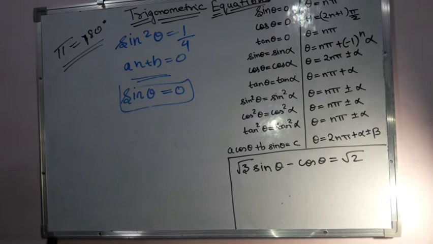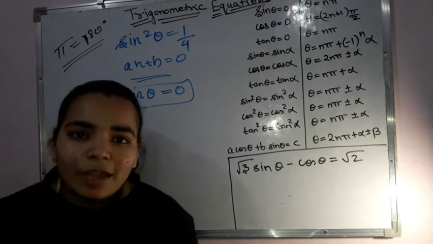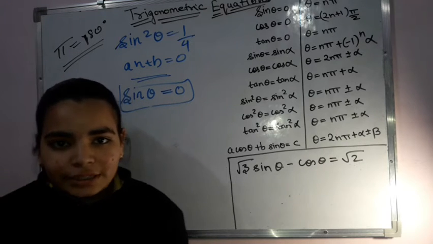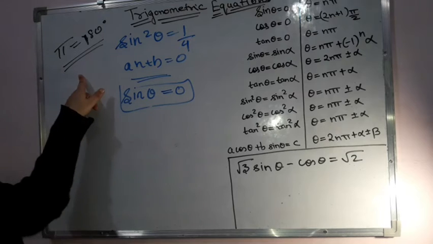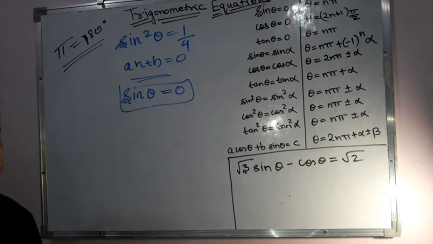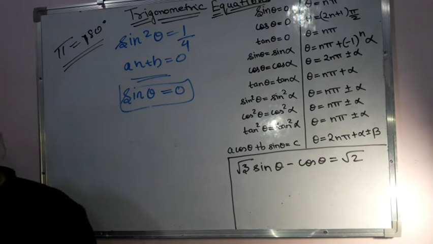Some functions repeat after 180 degrees, like tan and cot functions. They show periodicity after every pi, that means pi, 2 pi, 3 pi, 5 pi. Like this they will show periodicity, and so will be the case for other trigonometric functions.